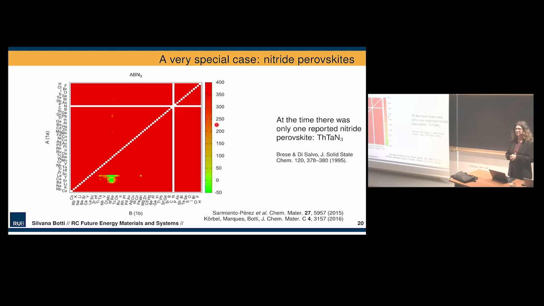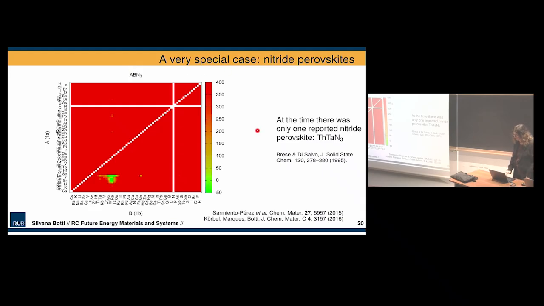And of course, when we move from oxygen to nitrogen, we go to the left in the periodic table. So the cations should compensate the oxidation state of nitrogen to have a compensated compound. This is not so easy.